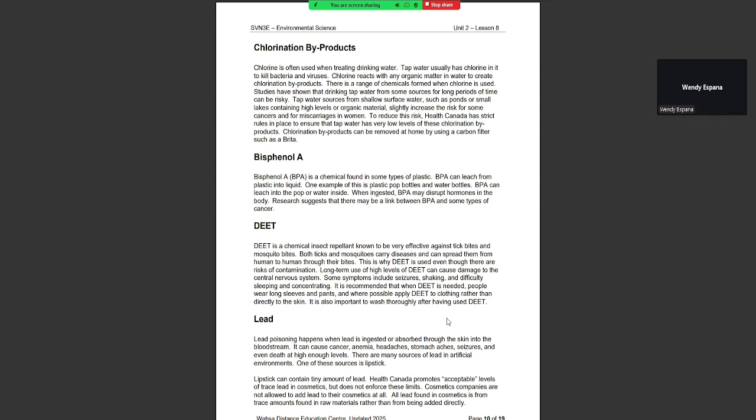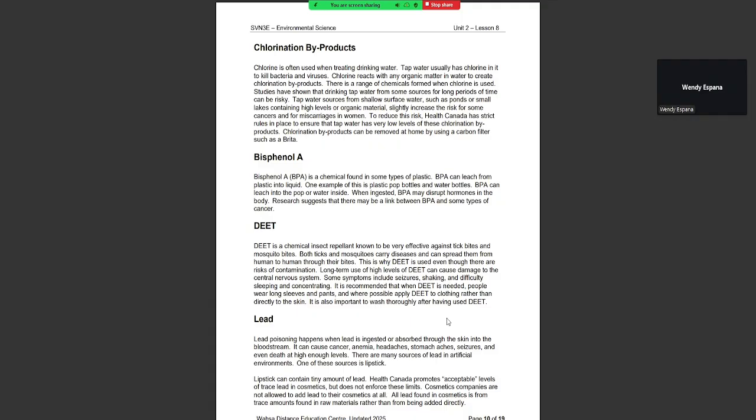So that was lead that they were putting on their skin. And also in lipstick, there's another place that they used to use lead. It is against the law to add lead to any of those products nowadays.